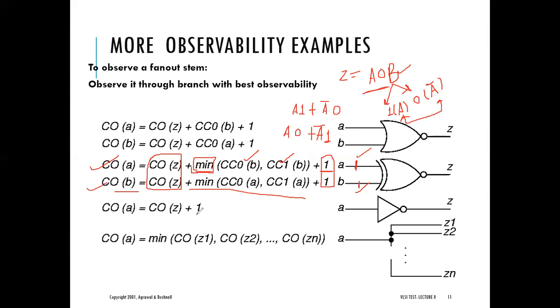Then for the NOT gate, you are given the controllability at Z, which is fixed. Now you have Z is equal to A complement. In order to propagate this A to the output, you don't have to do anything.